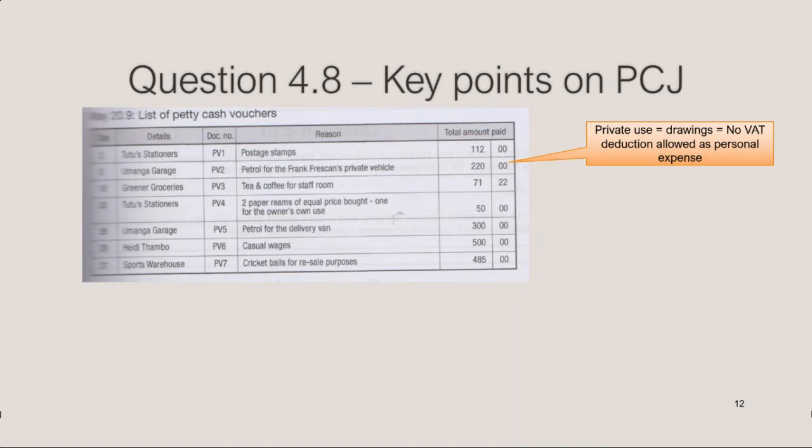So it's money he's physically taking out of the business. And for drawings, we're not allowed to claim the input VAT because it's personal use. It's not for business. So SARS only allows input VAT deduction when it is for a business purpose. Okay, so that's just important to note as well.